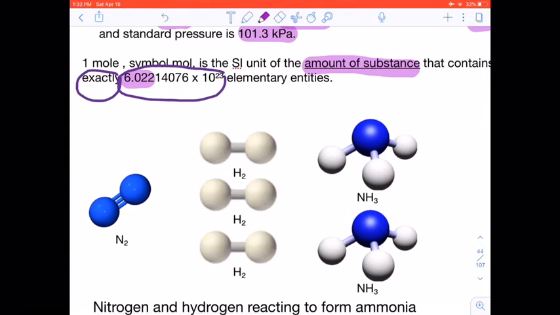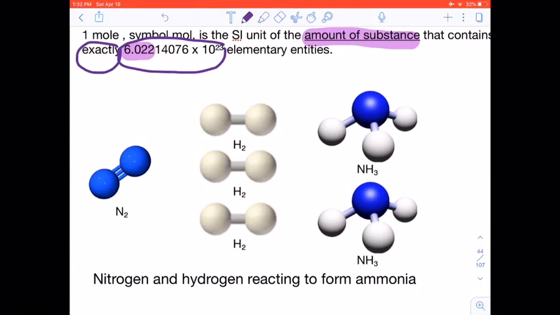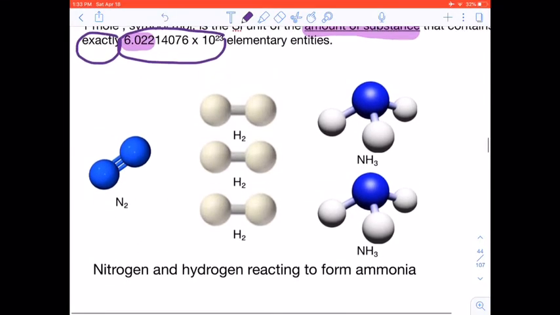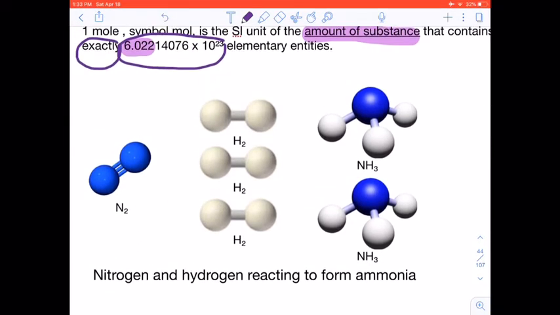Right, now let's look at nitrogen. So nitrogen we have here reacting with hydrogen to form ammonia, right? So as you can see, I've got 2 nitrogens, and I've also got 2 nitrogens here.